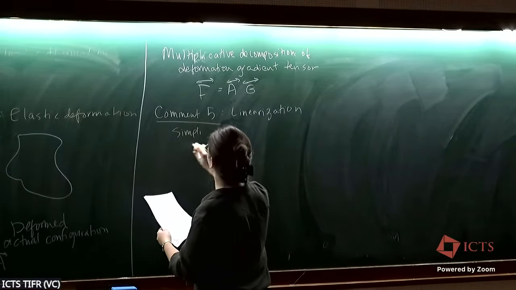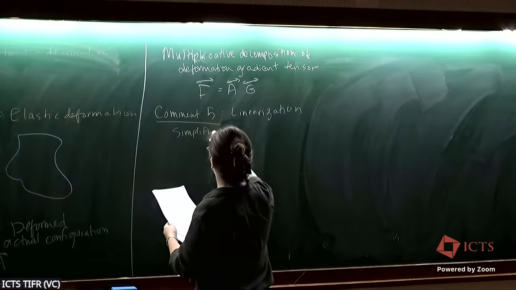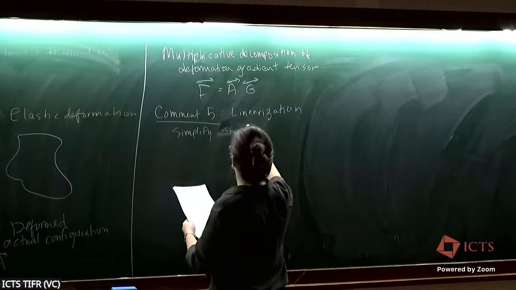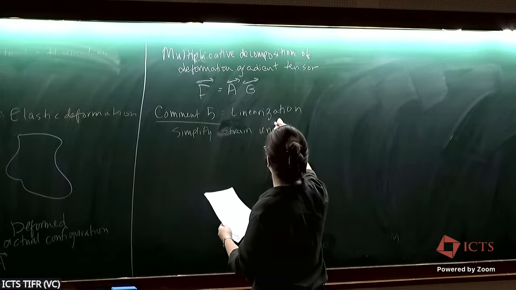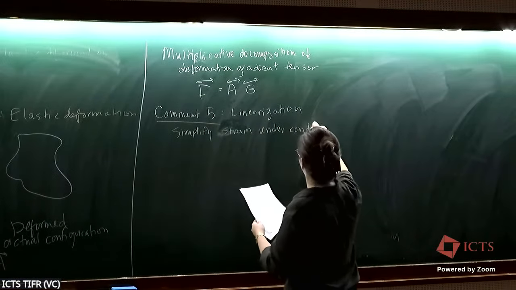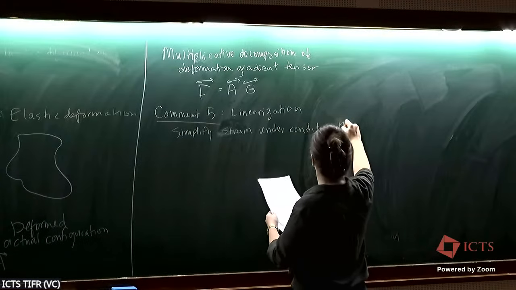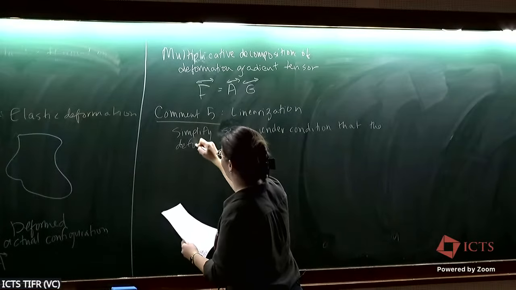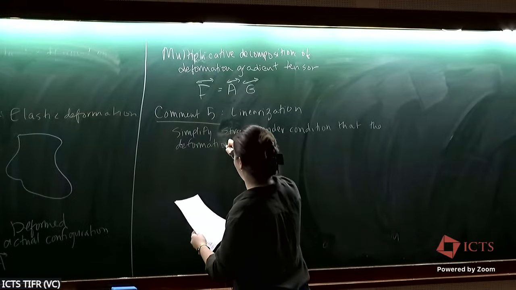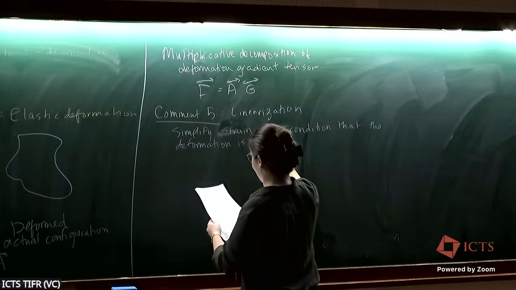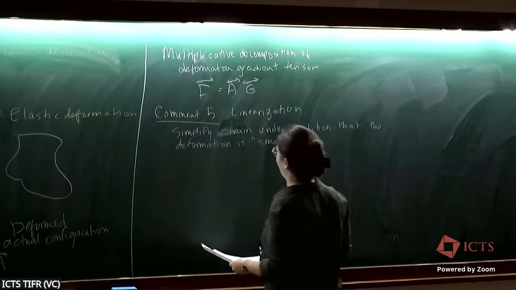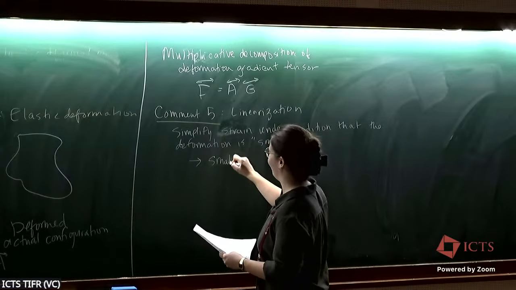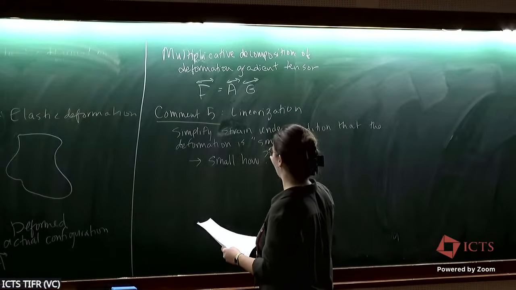We may have this fuzzy idea that we want to simplify the strain under the condition that the deformation is small. But that's not really very precise. Small how? What does that mean? Are there different ways that this could be small?